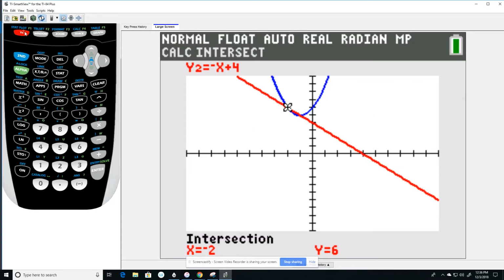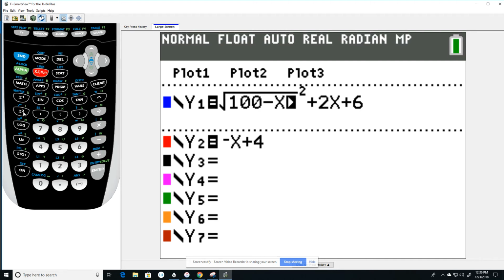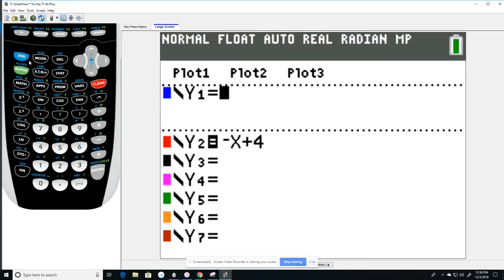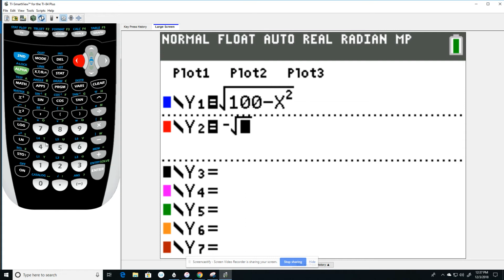So when I graph this, my y1, I'm going to set that to be the square root of 100 minus x squared. Let's clear that because I have a whole bunch of stuff in the way. My second line is going to be the negative square root of 100 minus x squared.